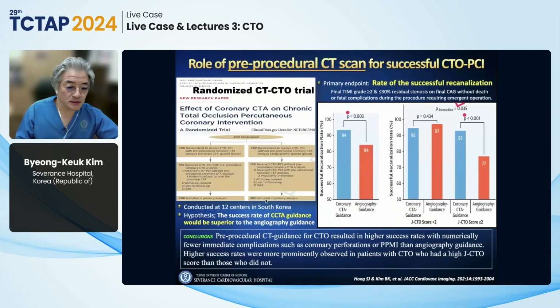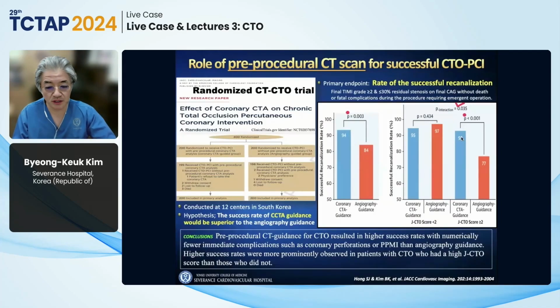The hypothesis was that the success rate of CT-guided CTO PCI would be superior to conventional angiography-guided PCI. The primary endpoint was the rate of successful recanalization. As compared to conventional angiography guidance, pre-procedural CT guidance for CTO resulted in a significantly higher success rate, especially in patients with a high CTO score, meaning a difficult CTO, than those who did not.